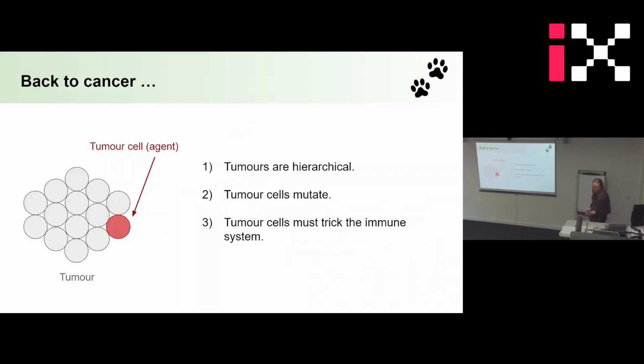So when I said in the beginning that there were agent-based models for cancer, but then I said, well, when you enter social sciences, you need game theory, right? Now you can see this isn't entirely true, because cancer cells are hierarchical. That means that there are different types of cancer cells. They mutate, so they change their strategies. They have to change their strategies based on the environment, and they compete with the field because they are interacting with the immune system.